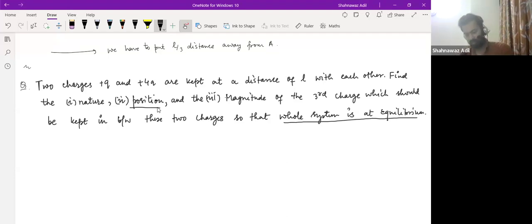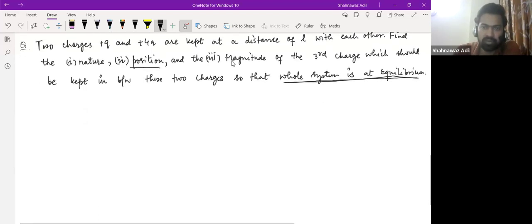Right. Yes, sir. And now they have given that the whole system is at equilibrium, and they are asking what would be the nature, position, and the magnitude of the third charge. So let's do this.